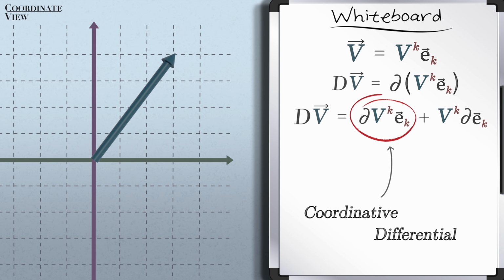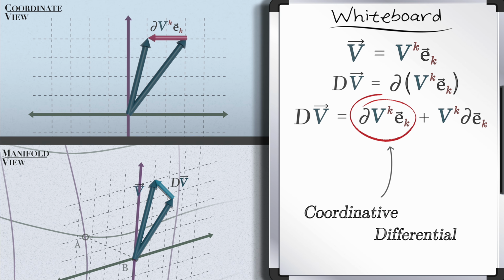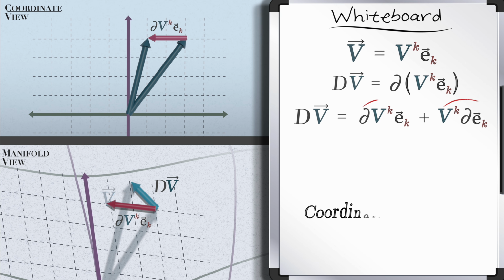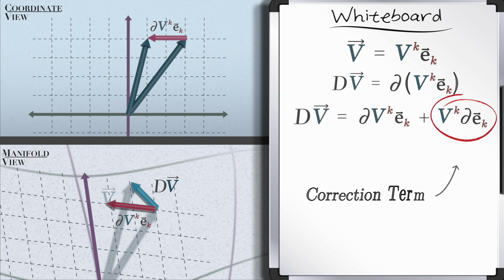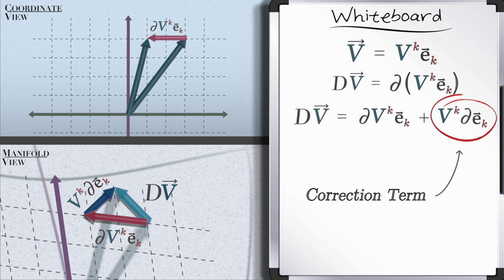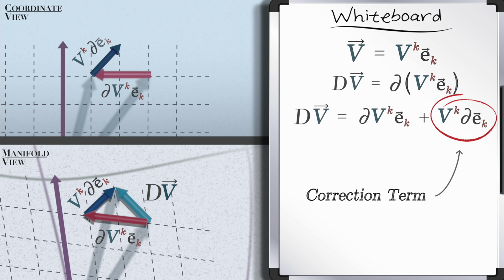It's how the change in the vector appears from within the curvilinear coordinates. The second term, meanwhile, is the correction term. It accounts for and offsets that apparent change.